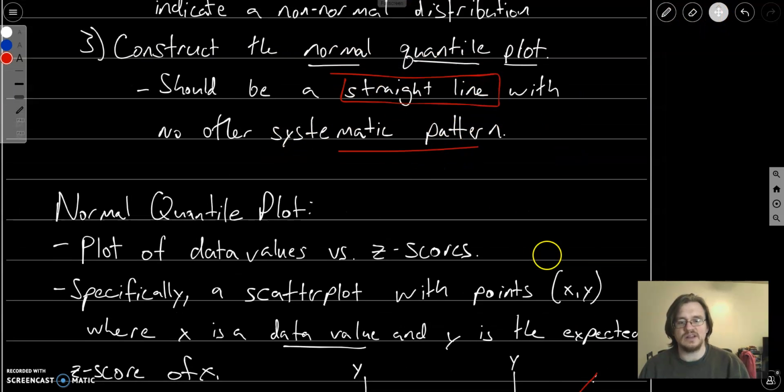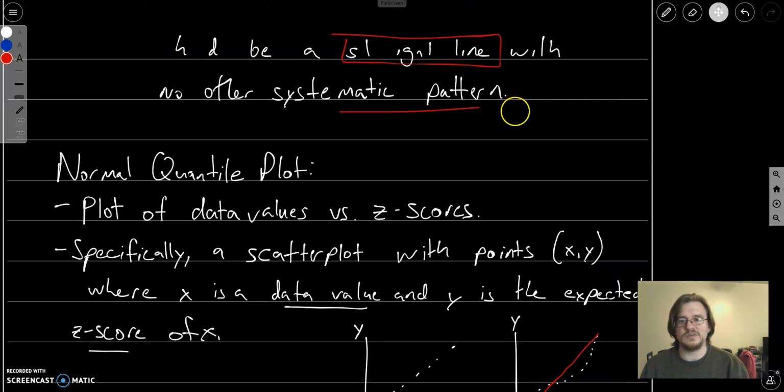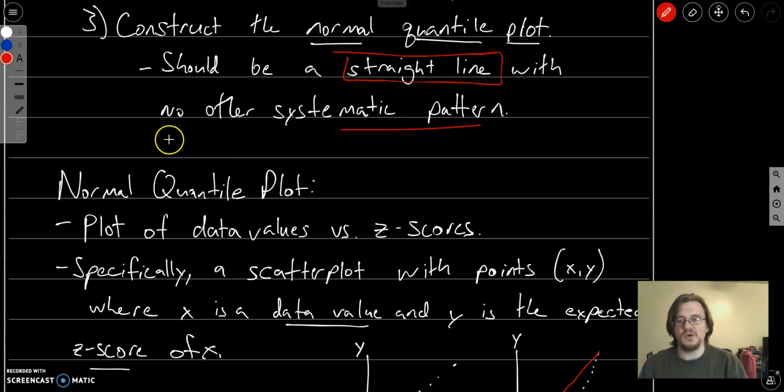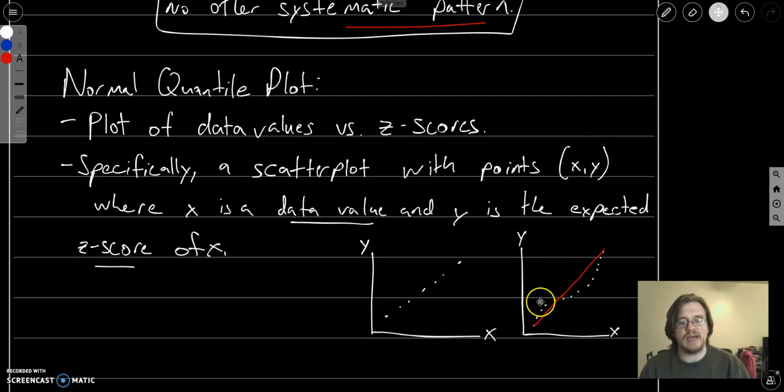It should be a straight line. Well, this is pretty straight. So could it be a normal distribution? Well, no. The important detail here is that there should be no other systematic patterns. So having this wave in there will indicate that this is not a normal distribution.